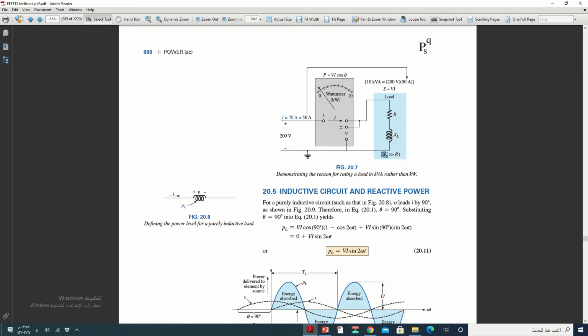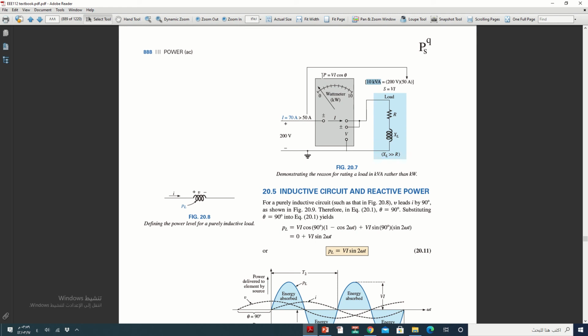See here, XL is more than R. When we talk about power, we always talk about volt-ampere, which is apparent power.